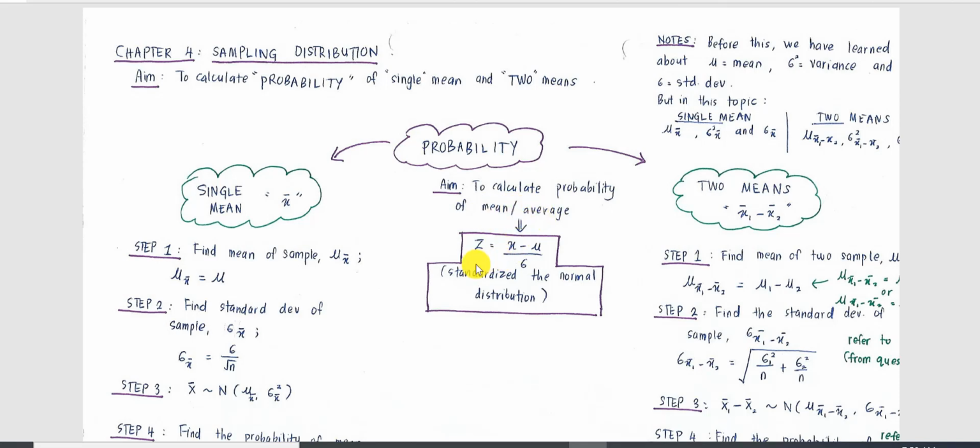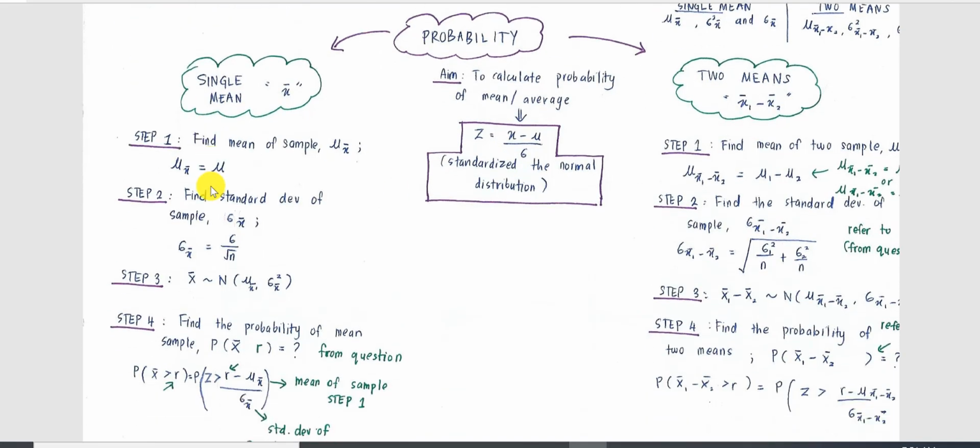So we are going to use the standardized normal distribution. That means we're going to use the Z, so we must refer to table 3, the normal distribution table.